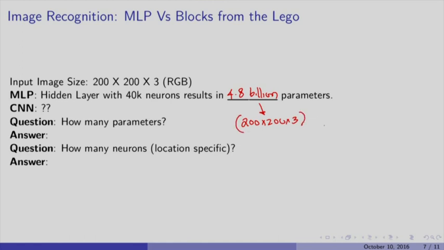which is the input layer, into 40,000 in the hidden layer. This 'into' is because of the fully connectedness assumption.